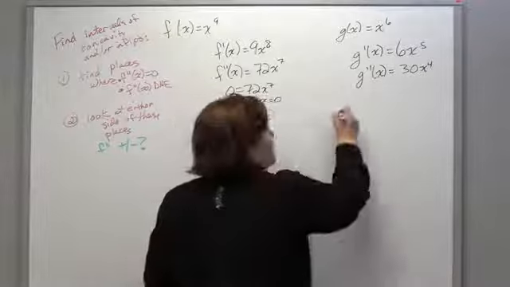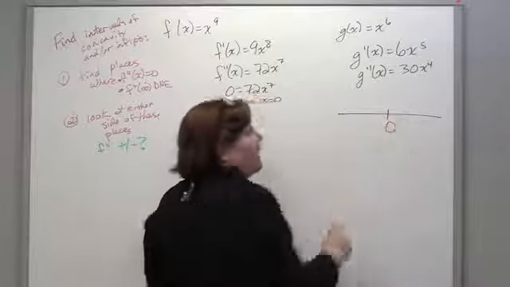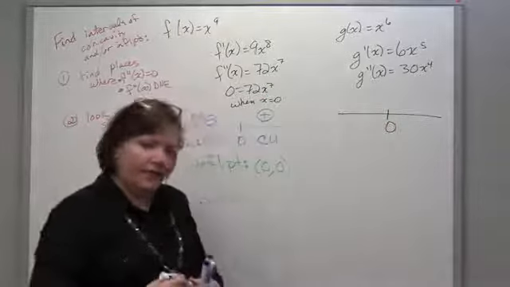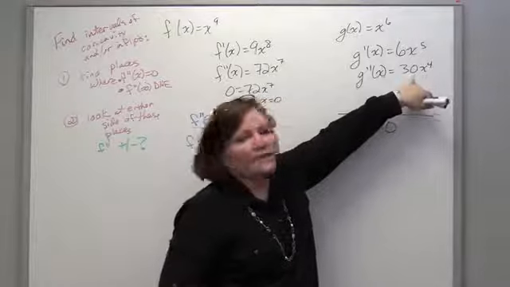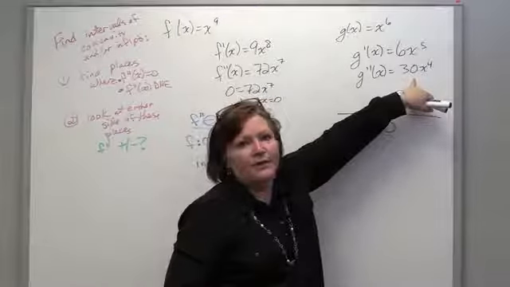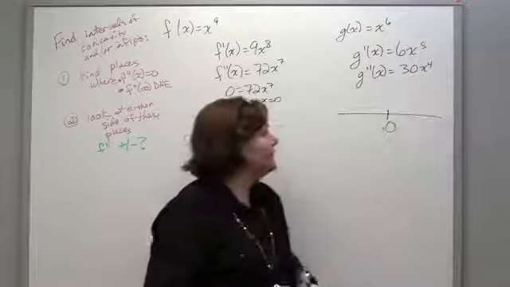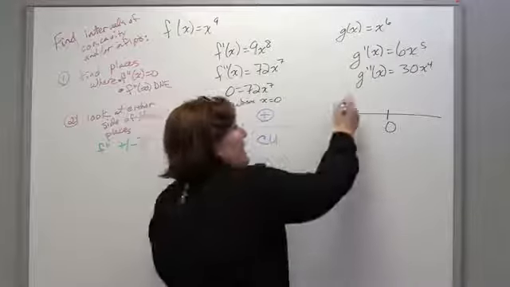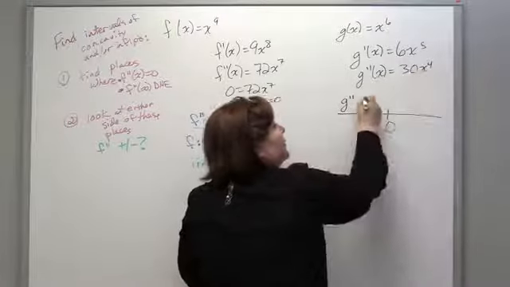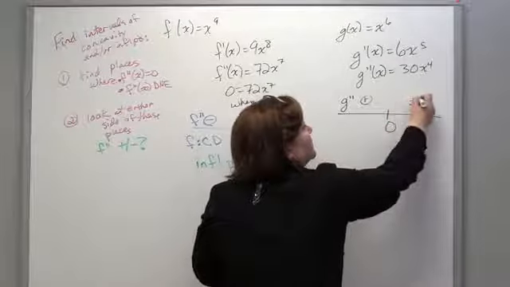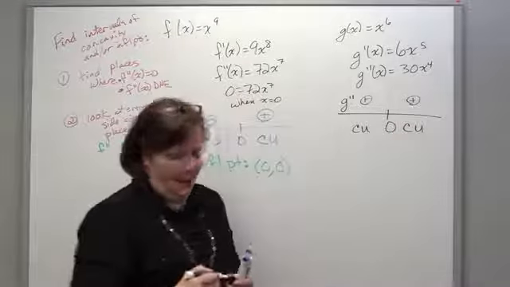And so, similarly, we only need to look on either side of 0, because x equals 0 is the only place this is going to possibly change sign. And here we notice that g double prime, because it's an even power, is always positive. So in this case, we're always concave up.